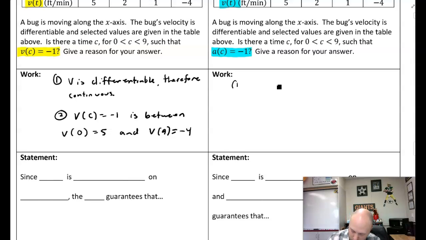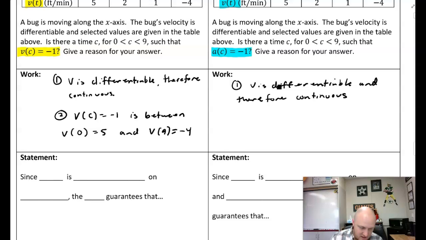Okay. Over here, so v is differentiable, and therefore continuous. That's nice, because they give you everything, right?